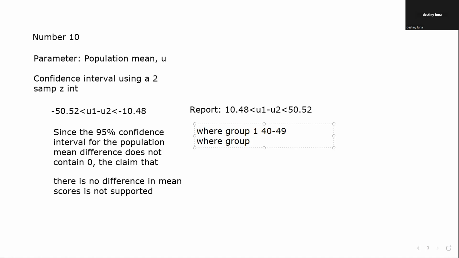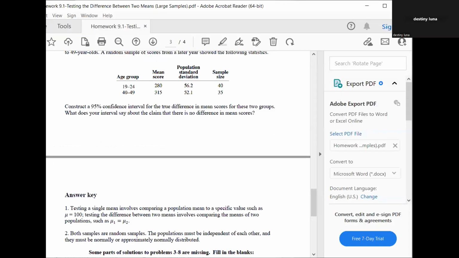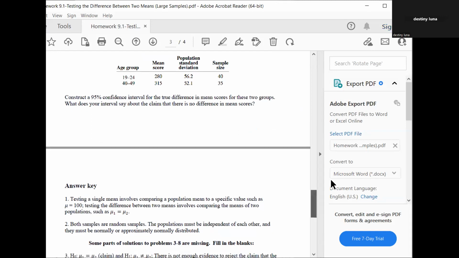This is 19 to 24. 19 and 24. Okay, so, and again, our conclusion is the same.